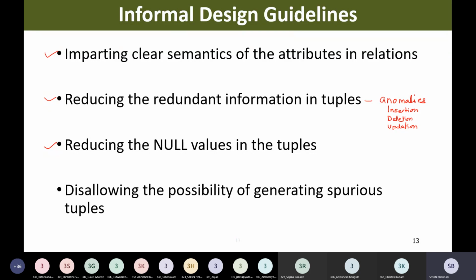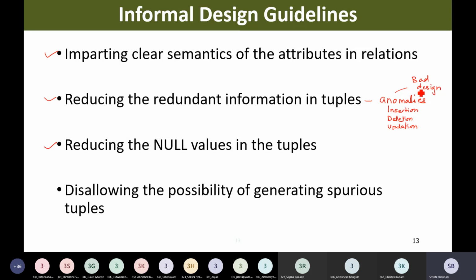Knowing the semantics of the attributes will help us to come up with some relations, right? Secondly, we discussed reducing the redundant information in tuples, and we went through three kinds of anomalies that we may have if we have a bad design of our database or relations.